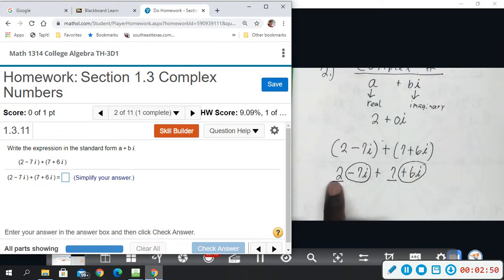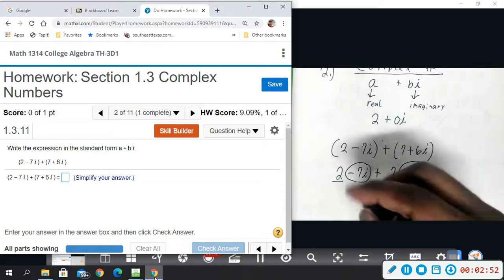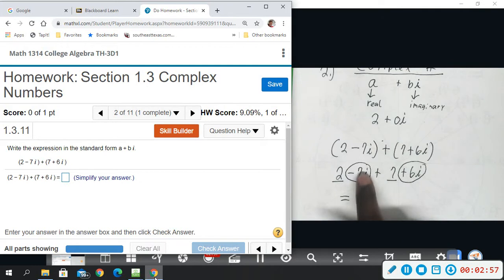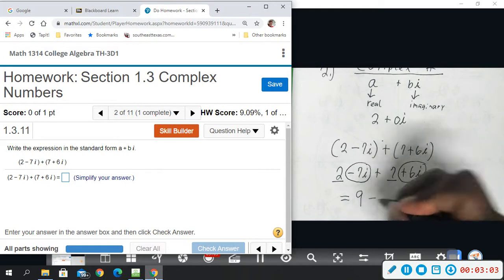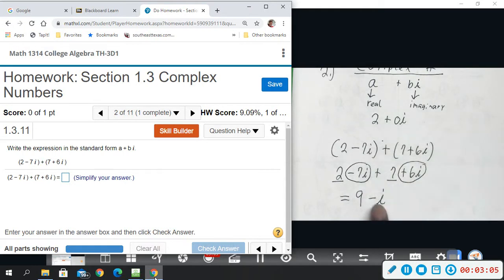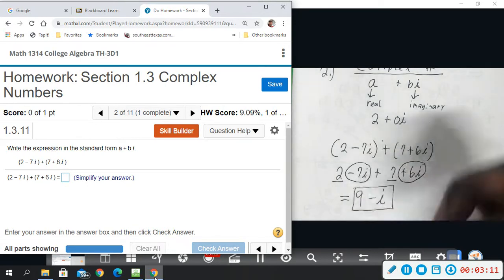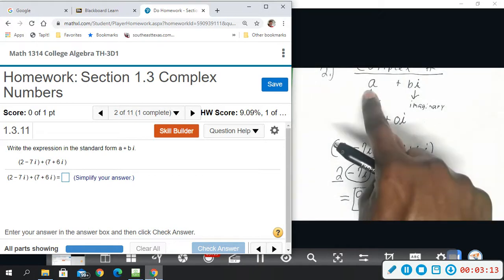So when I combine the 2 and the 7, both positive, that gives me 9. And then we do the negative 7, positive 6, we subtract, that gives us a negative 1i, or just negative i. So again, this is like a variable that 1 in front is understood. So all you're doing is combining like terms, writing it in standard form, the a plus bi.